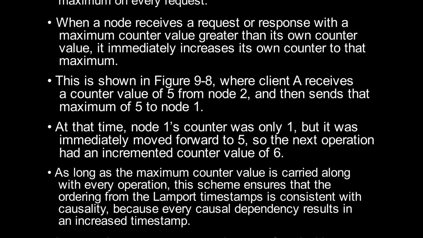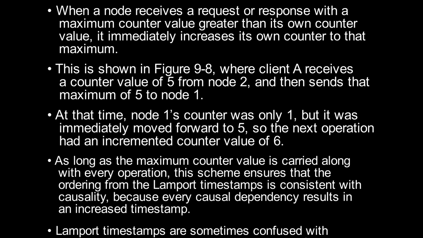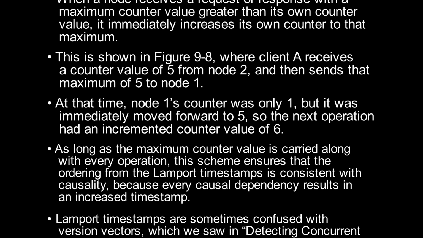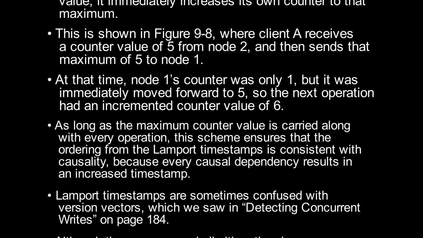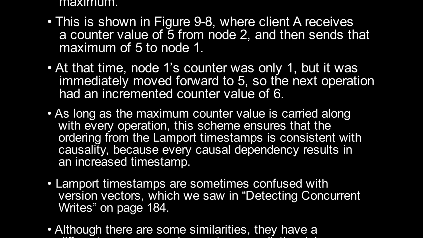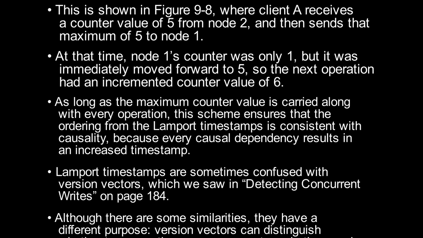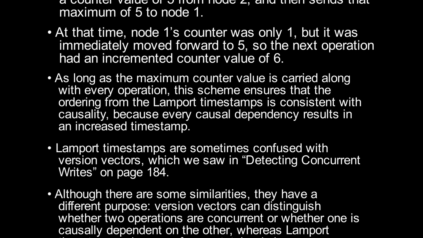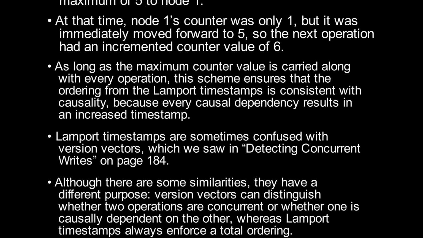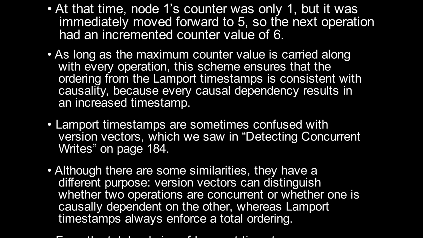As long as the maximum counter value is carried along with every operation, this scheme ensures that the ordering from the Lamport timestamps is consistent with causality, because every causal dependency results in an increased timestamp. Lamport timestamps are sometimes confused with version vectors, which we saw in "Detecting Concurrent Writes" on page 184. Although there are some similarities, they have a different purpose.